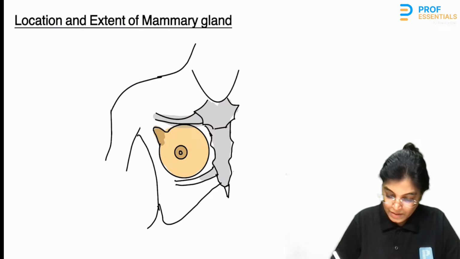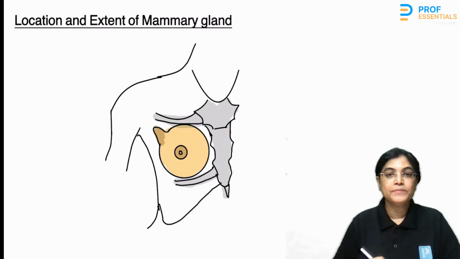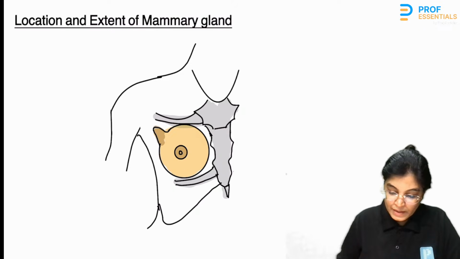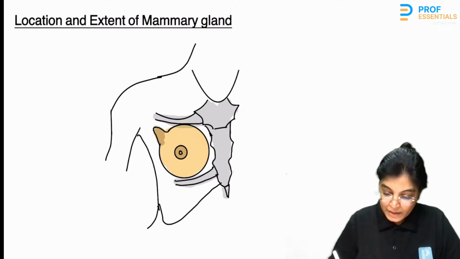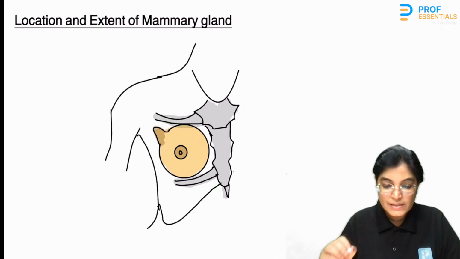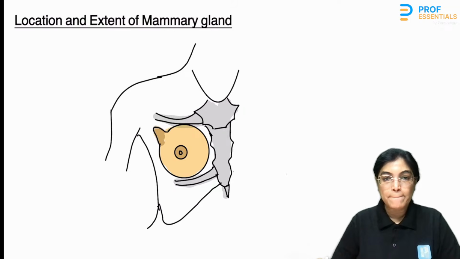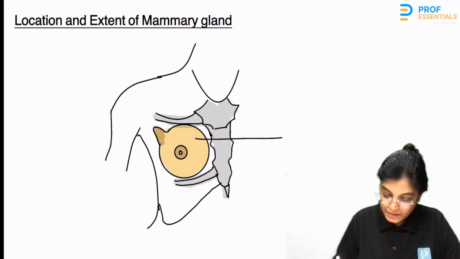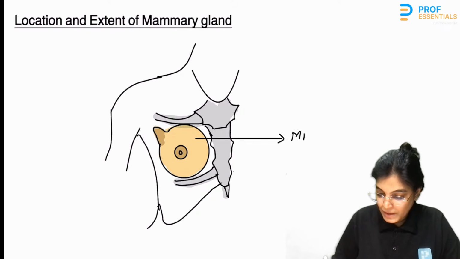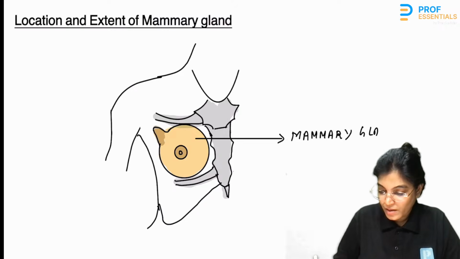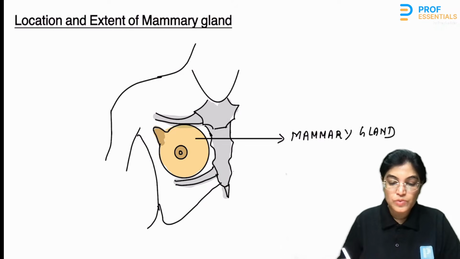This is the sternum and these are the ribs. Now, here let me just mark it. So here we are knowing that this is the mammary gland which I have marked. This is mammary gland. And we have also drawn the sternum.